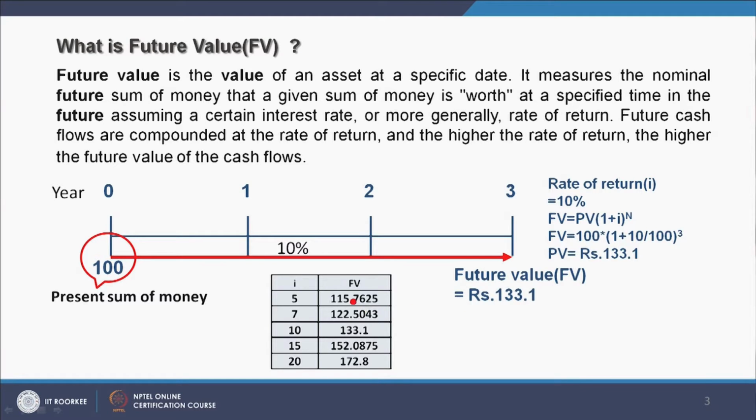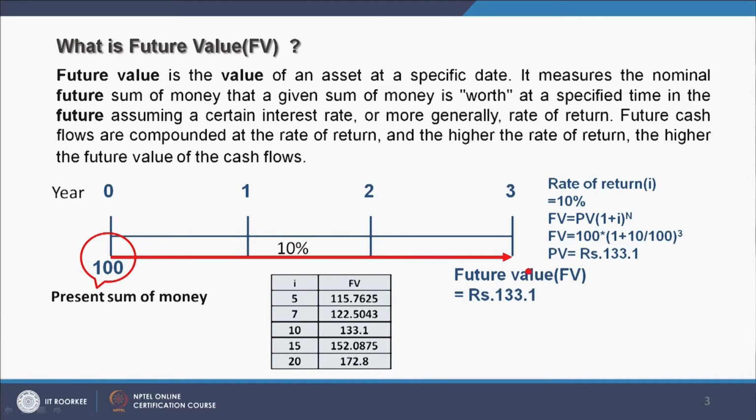This table shows if the rate of return is 5%, the value is 115.7625. If it is 7%, this is 122.5043, the future value. If it is 10%, it is 133.1. If it is 20%, it is 172.8.